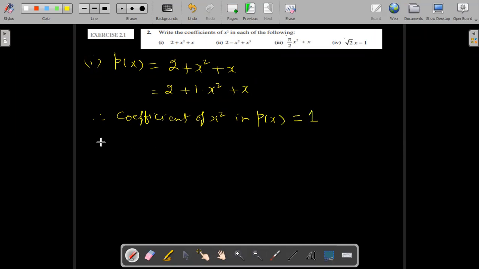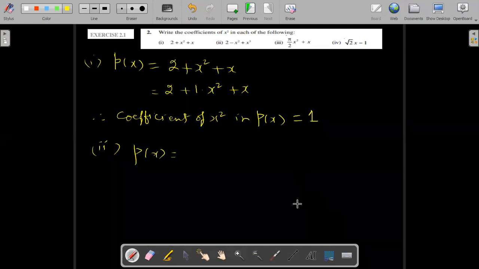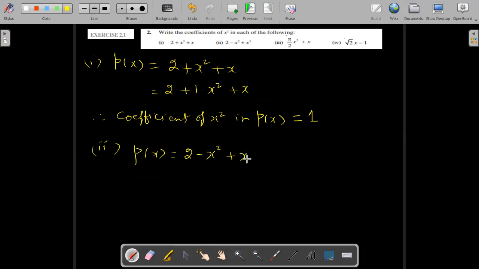So like this we have to find out. In the second question, we have given px is equal to 2 minus x square plus x cube.